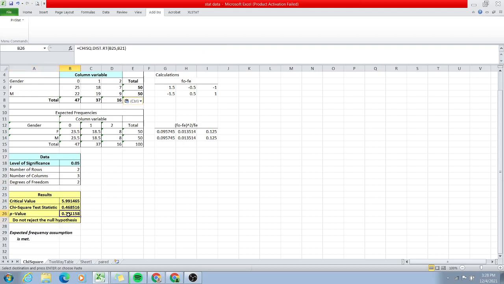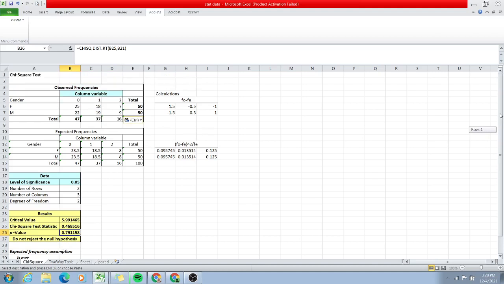Or looking at the p-value, which is 0.79, which is greater than 0.05, the level of significance, again, the decision is not to reject the null hypothesis. Thus, the conclusion is that gender is not related to smoking status, or there is no significant relationship between gender and smoking status.